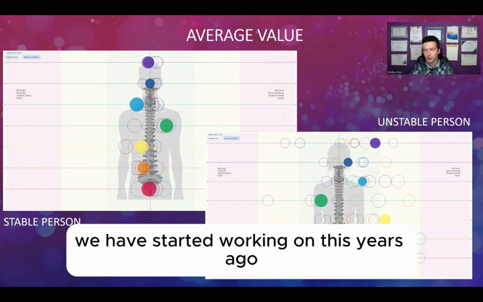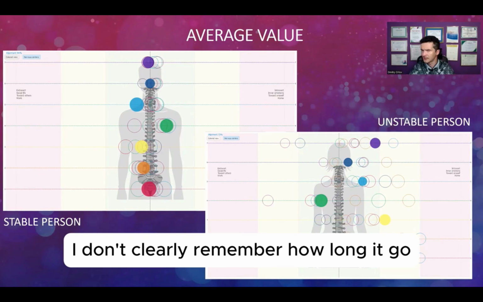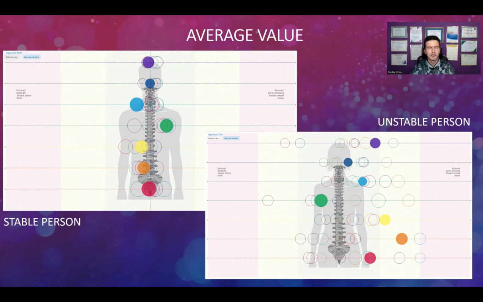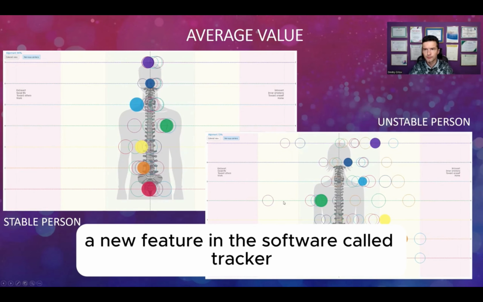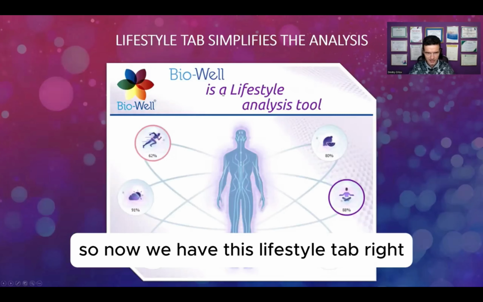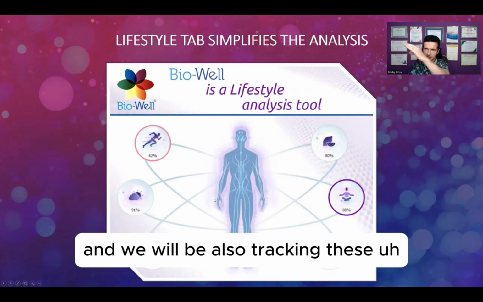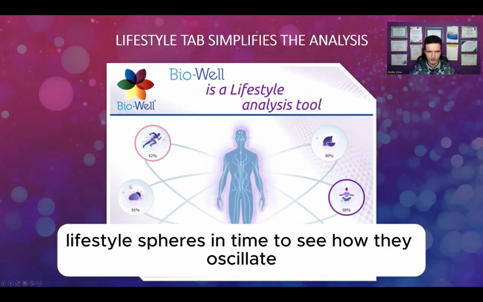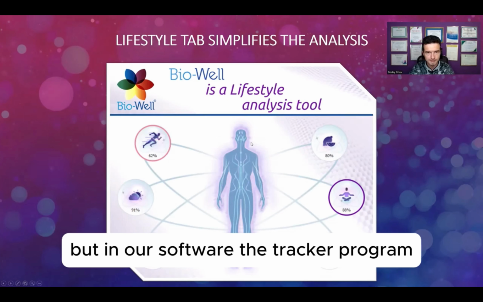As you know, we have started working on this years ago. I don't clearly remember how long ago it was when we presented a new feature in the software called Tracker. So now we have this lifestyle tab, right? And we will also be tracking these lifestyle spheres in time in our software.